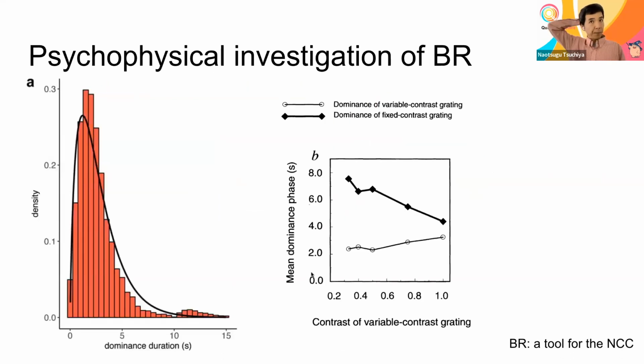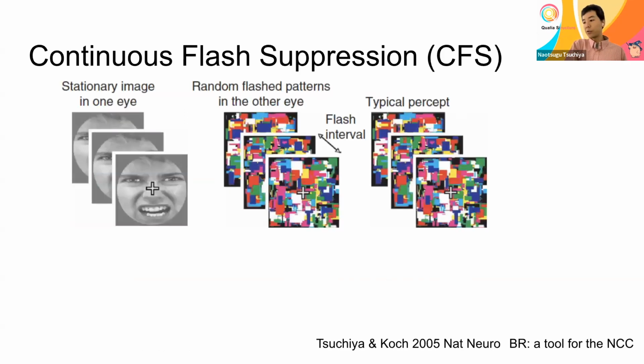And binocular rivalry can also be investigated in psychophysics. I'll probably skip this. Then I introduced continuous flash suppression over the last week to make the alternation duration more imbalanced, so you don't see one stimulus for a really long time.